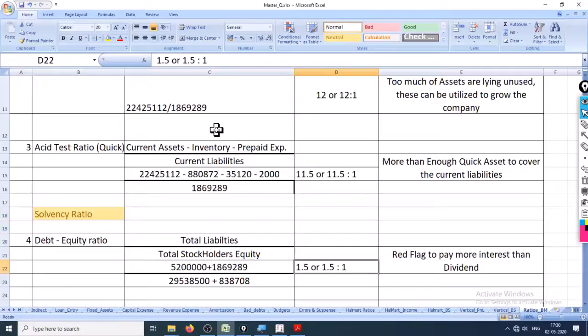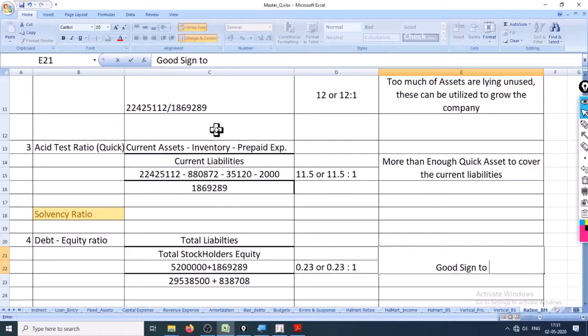Hence 0.23, or 0.23 is to 1. So as this is below the limit and there are more stockholders' funds than long-term loans, this is a good sign to have more equity than debt.